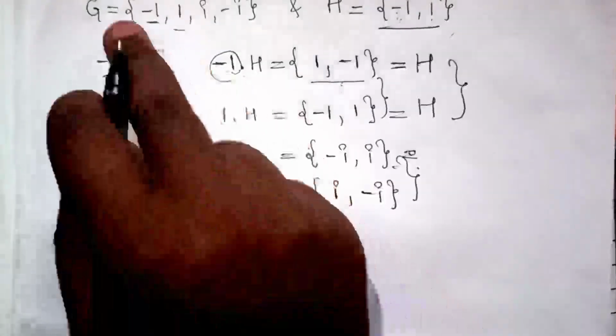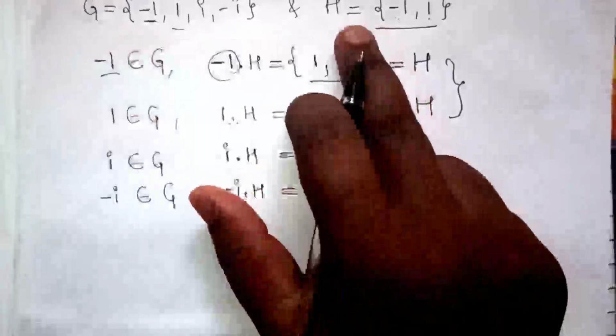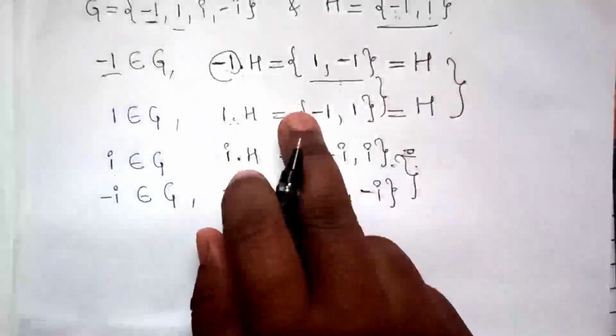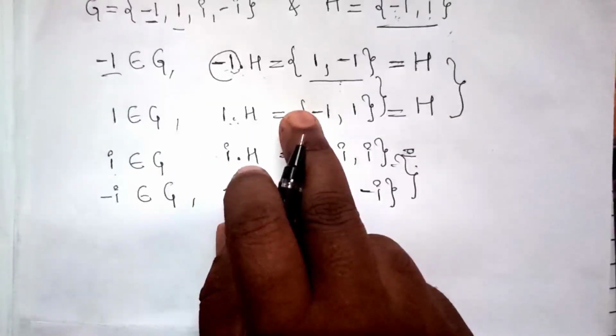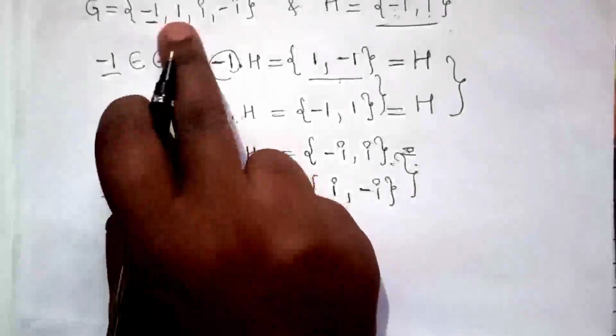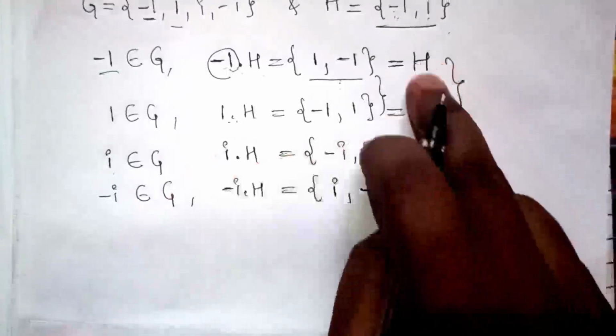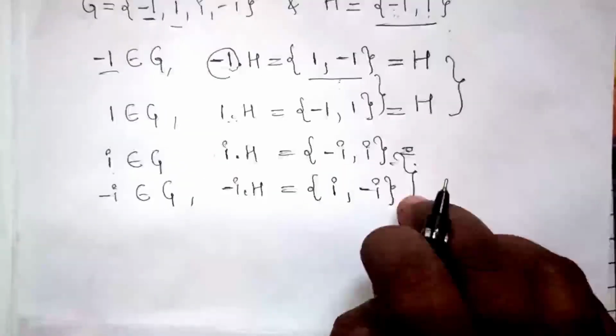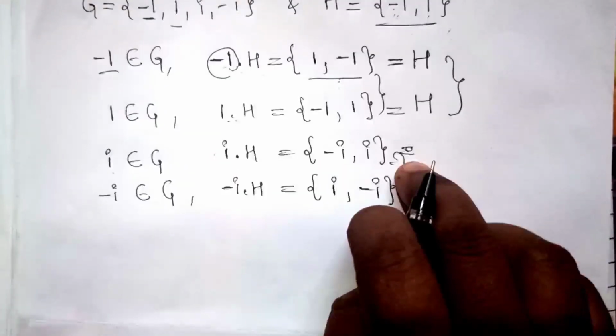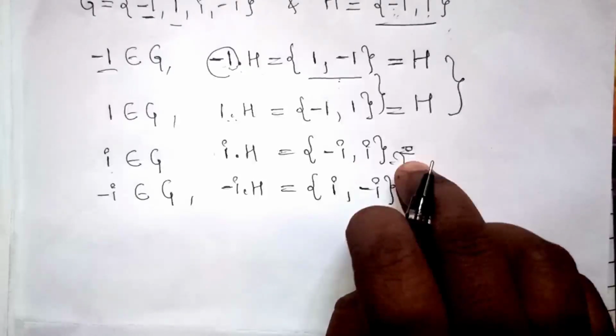Therefore, for this subgroup there are only two cosets, because it has 4 elements, we can form 4 cosets, but these two are similar and these two are the same. Therefore, we get only 2 distinct cosets.